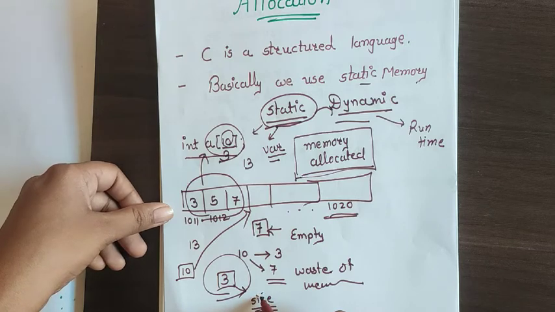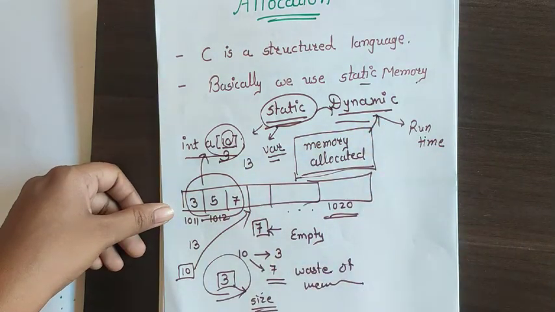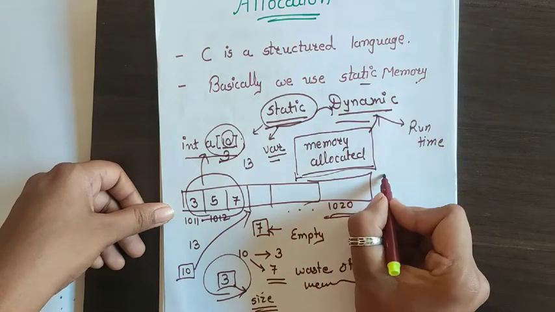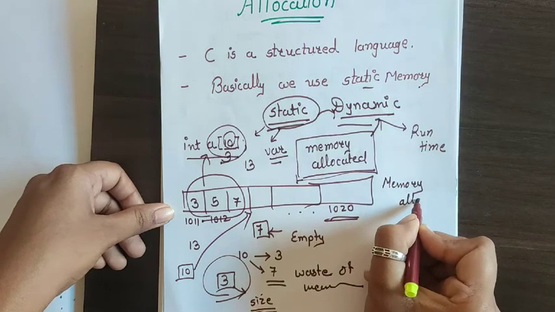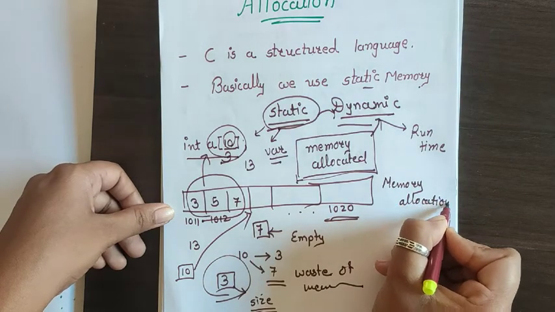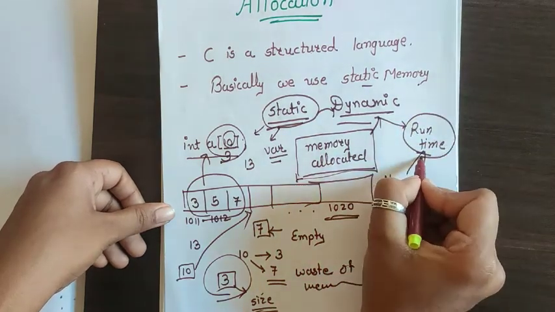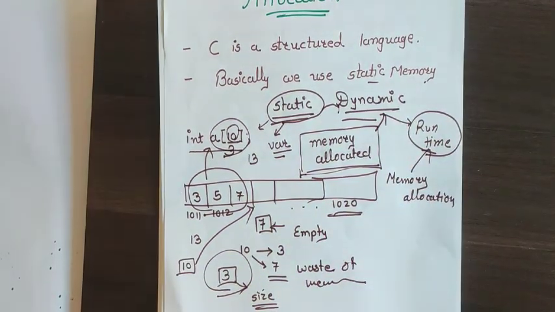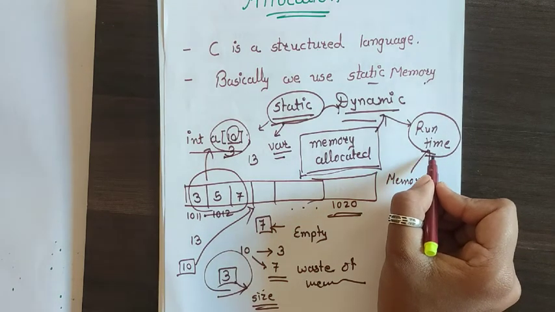So instead of this, we go for dynamic memory. So what is dynamic memory? In dynamic memory, memory allocation is done at the runtime, right? Whenever you execute a program, when you run the program, at that time according to your need it will allocate the memory, right?